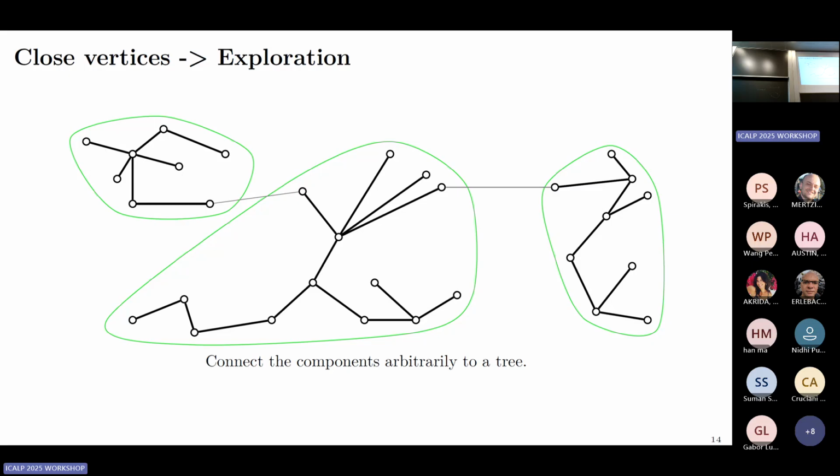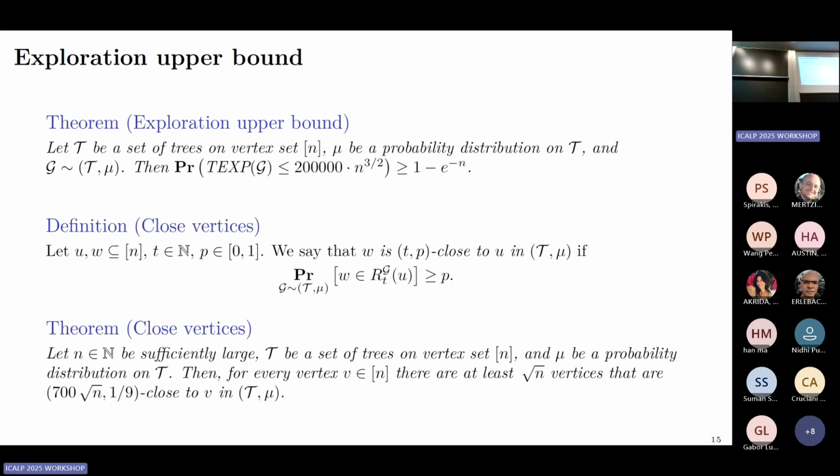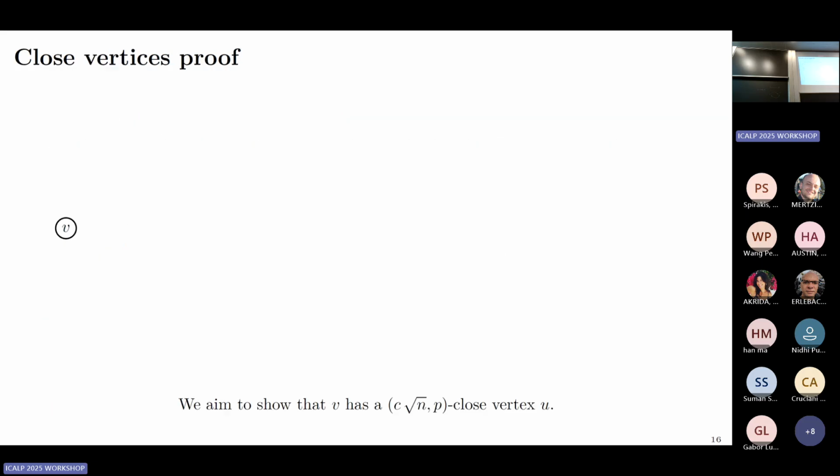And this actually holds with high probability because the n steps deterministically just always are at most n steps, and for the others, there are so many edges of them that the probabilities basically cancel out. So it's quite unlikely for all of them to take much longer than expected. So you actually get very high probability to explore in this time. Yes, so if we have those close vertices, then we can show that we can explore in n square root n steps.